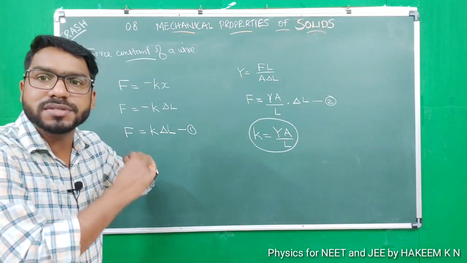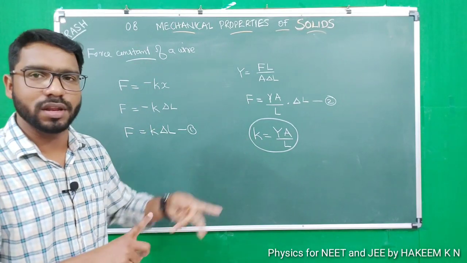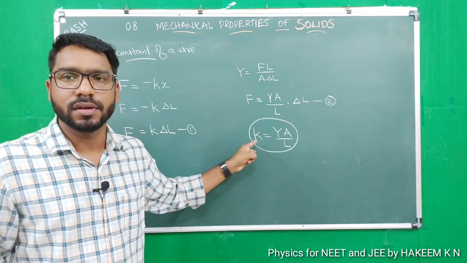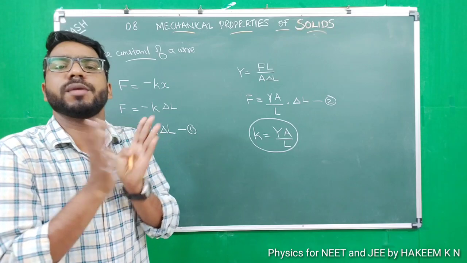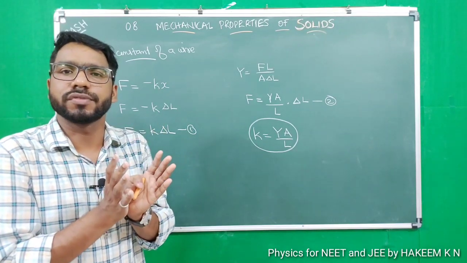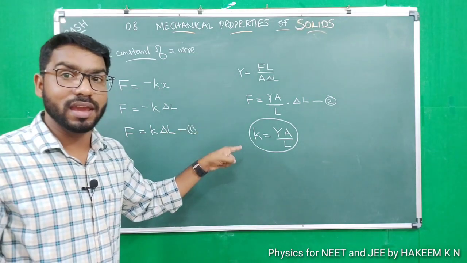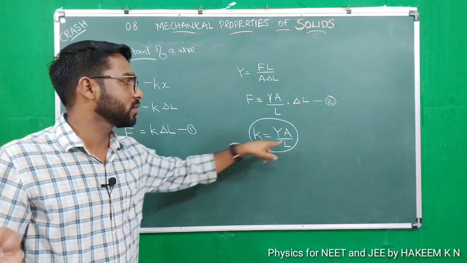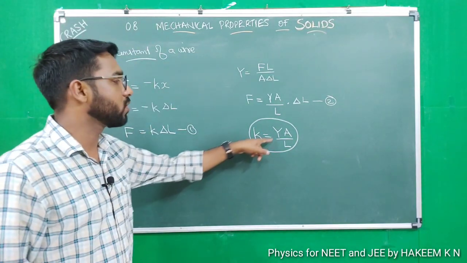Force constant depends on the dimensions of the material, the area of cross section, the length of the wire, and the nature of the material. Y, elasticity, is independent of the size and shape of the material, but K, the force constant, depends on the shape and size of the material, and also on the nature of the material.